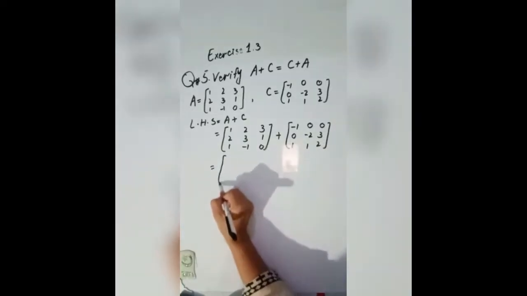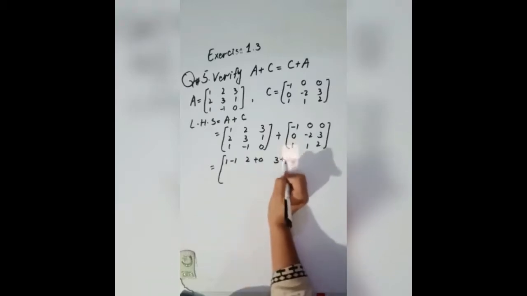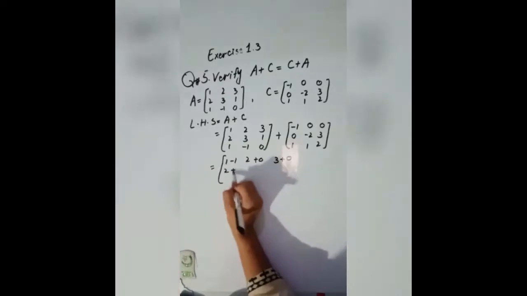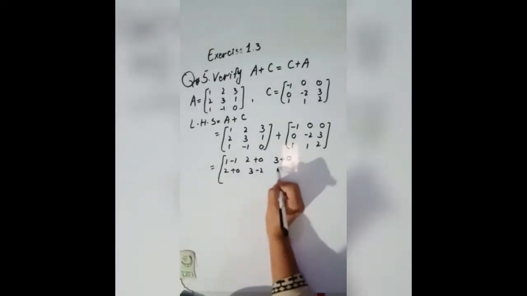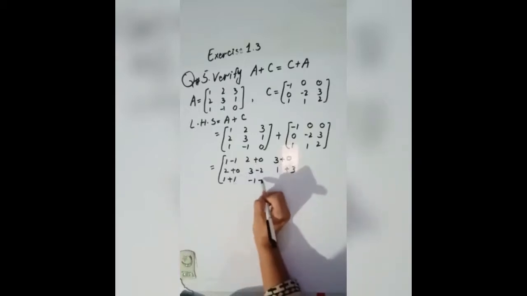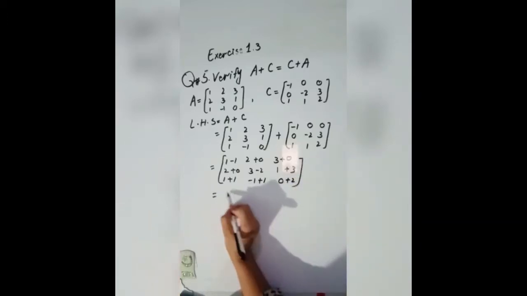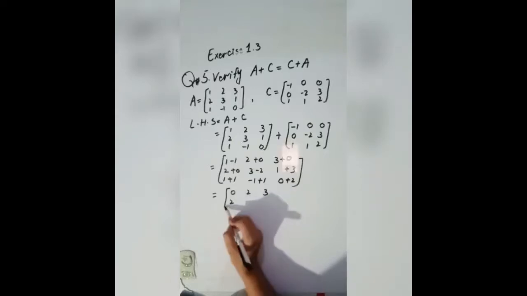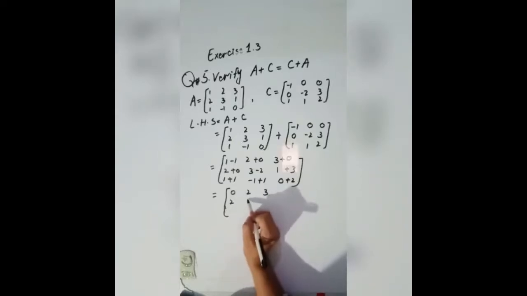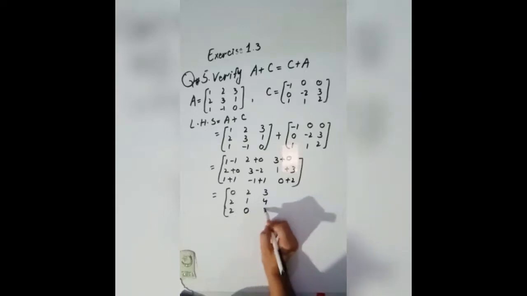We have to add corresponding entries: 1 - 1, 2 + 0, 3 + 0, 2 + 0, 3 - 2, 1 + 3, 1 + 1, -1 + 1, 0 + 2. We got 0 2 3 2 1 4 2 0 2.